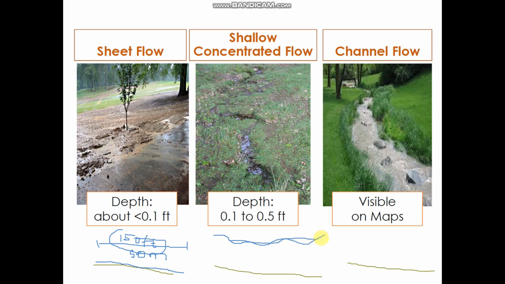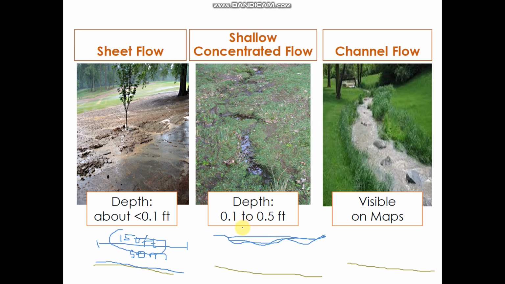It is not well defined; it doesn't have any well defined channels. The shallow concentrated flow has a depth varying from 0.1 to 0.5 feet, and in international standard units that would be up to a 15 centimeter depth of water.